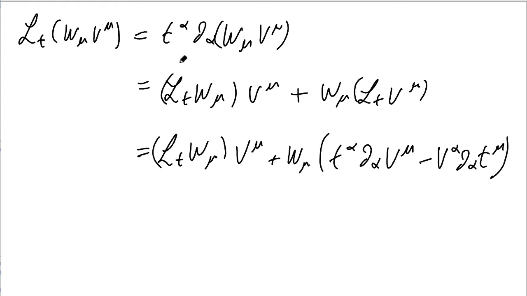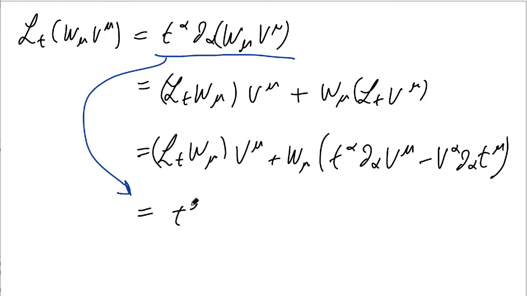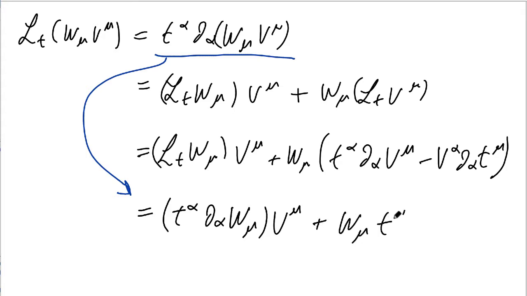Now let's compare this result to what we have from right here. If I expand this using the product rule, this is t^alpha partial_alpha W_mu V^mu plus W_mu t^alpha partial_alpha V^mu. Setting these two equal to one another, we see that this term cancels this term.